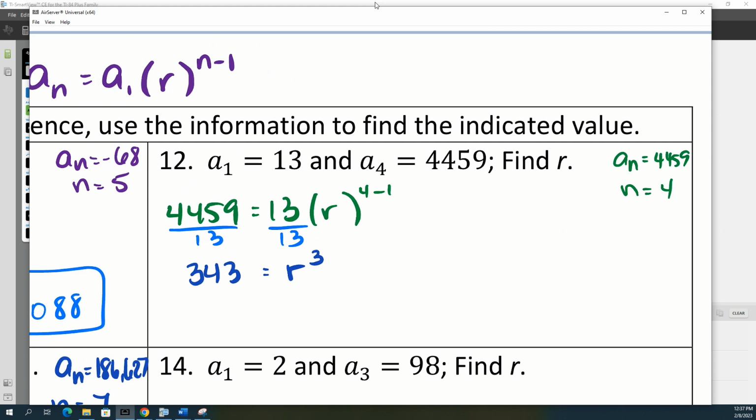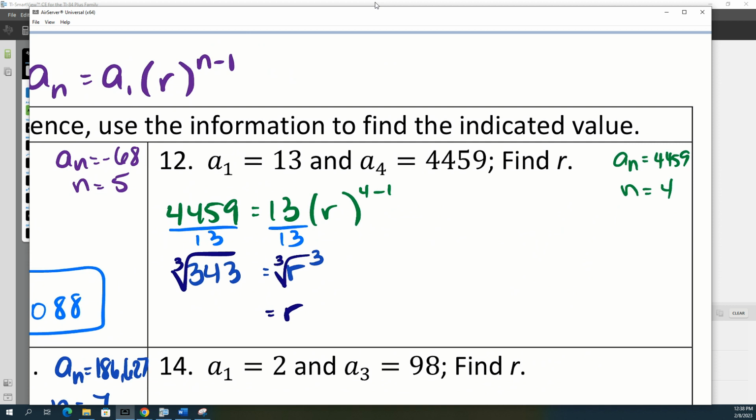So if this is what r cubed is, what are we going to do to find what r is? What do you think? Not multiply. It's okay. Not divide. The cube root. So we're going to do the cube root of both sides.